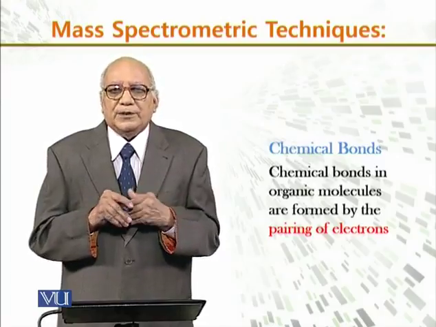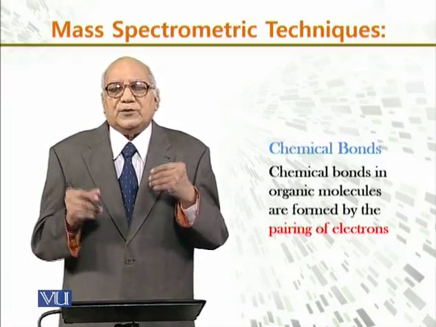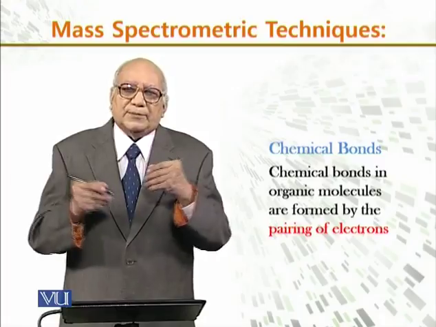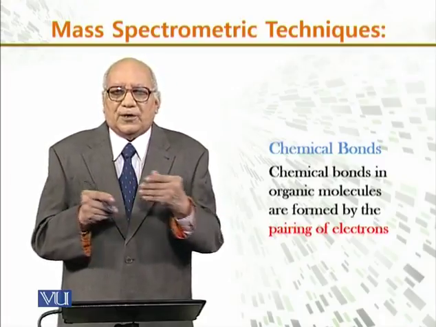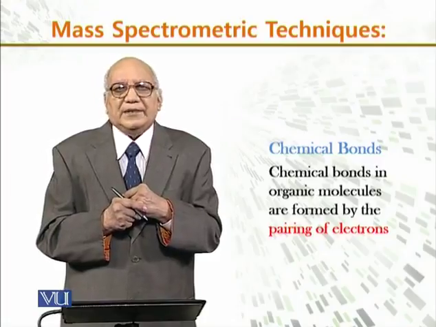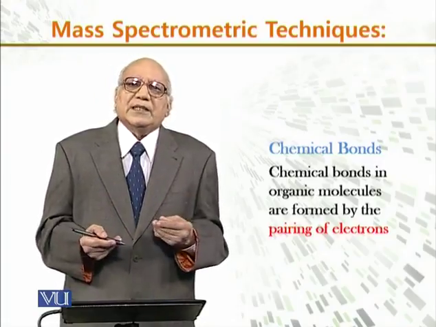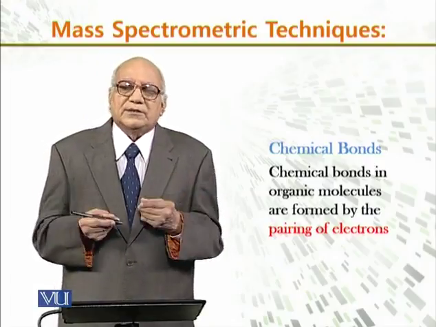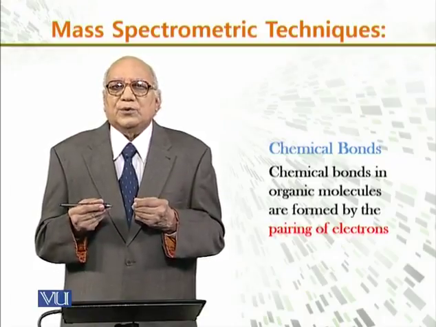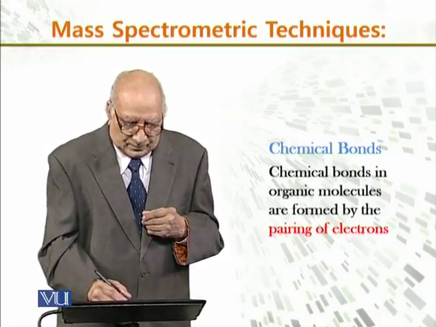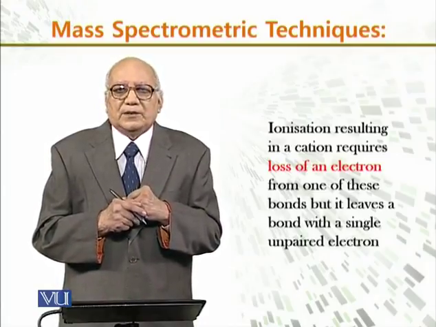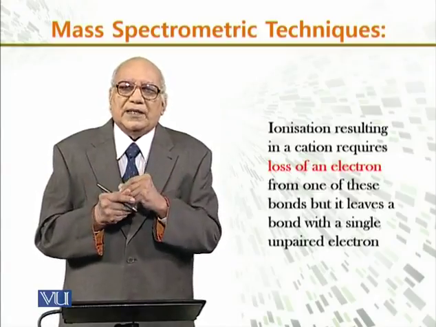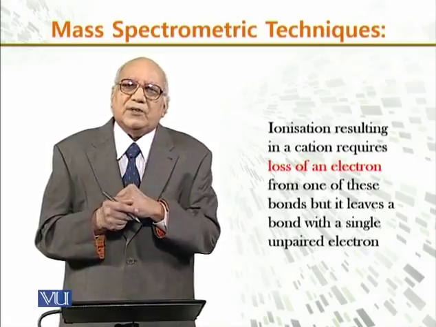Now, this can also be used to study chemical bonds. The chemical bonds of organic molecules are formed by pairing of electrons, and mass spectroscopy can help to determine the nature of the chemical bonds present among those biomolecules. Ionization resulting in a cation requires loss of an electron, as we have already discussed.